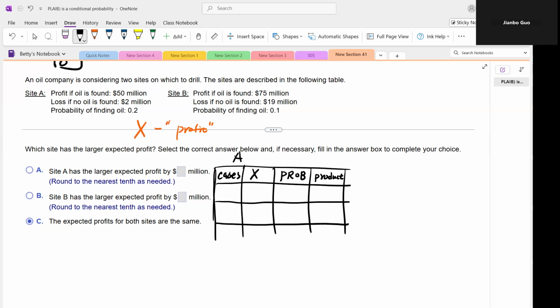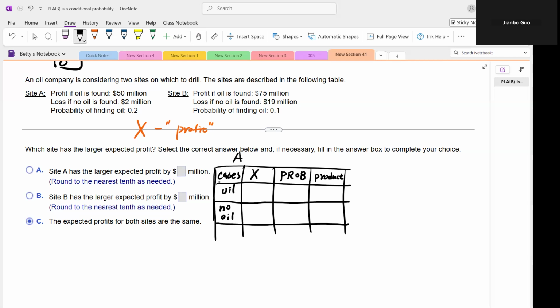What happens if we choose to drill site A? Either the site has oil or no oil, right? So two outcomes, either has oil or no oil, or success or failure, right?